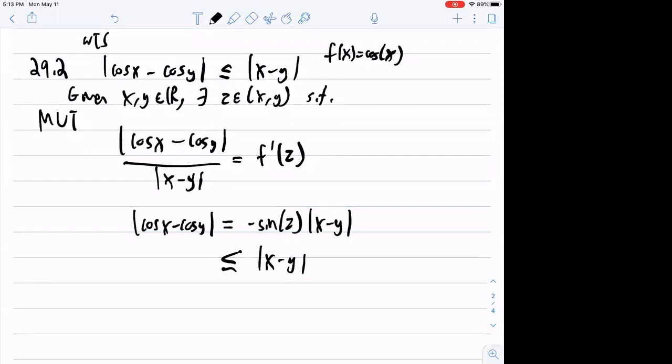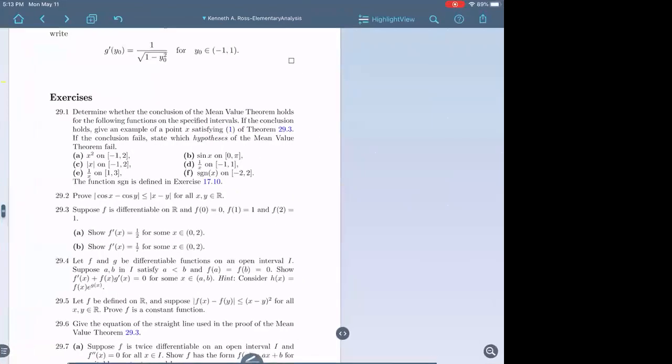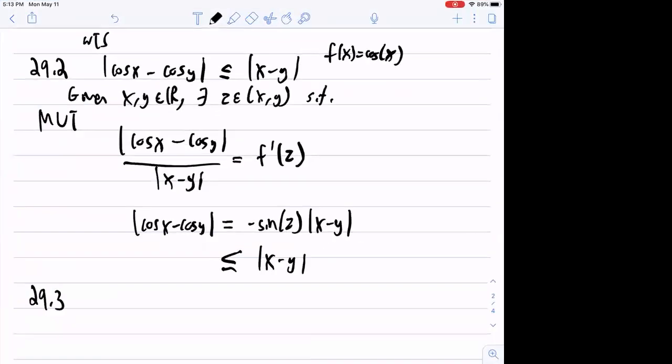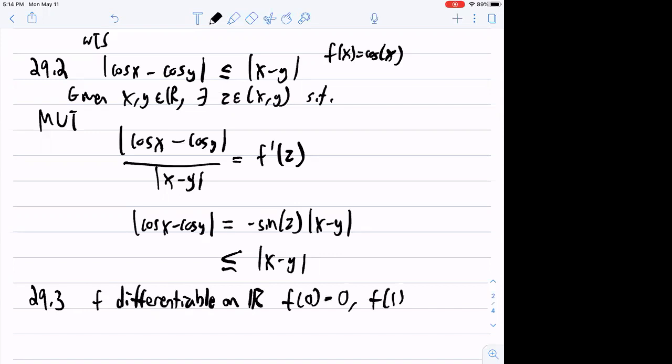Yeah. Okay. Now let's do 29.3. So f differentiable on R, f of 0 is 0, f of 1 is 1, f of 2 is 1.